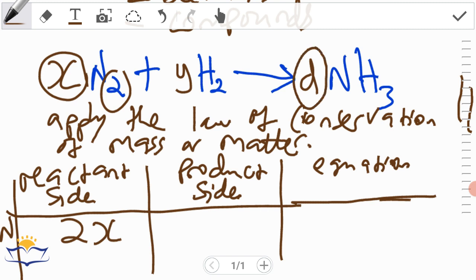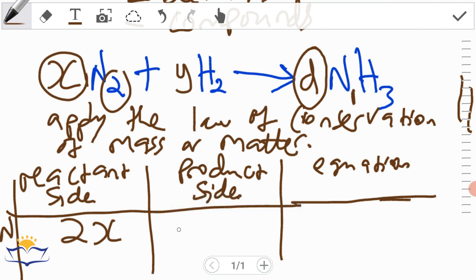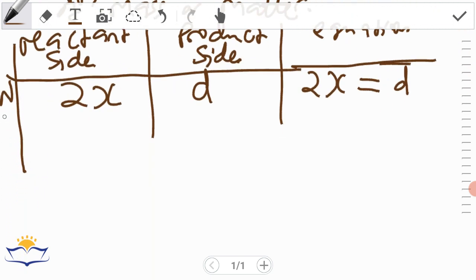Here we have the coefficient d, and the subscript is 1, which is not written. So we have d times 1, and d times 1 is simply d. The equation becomes 2x equals d. The total number of nitrogen atoms on the reactant side equals the total number of nitrogen atoms on the product side. Right?